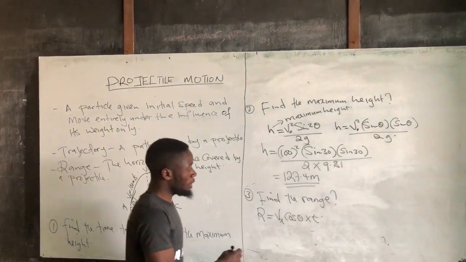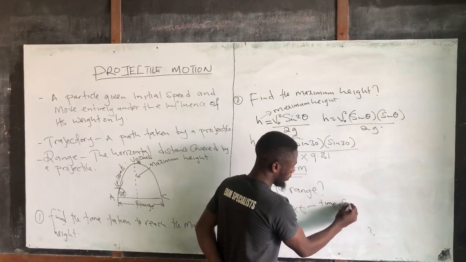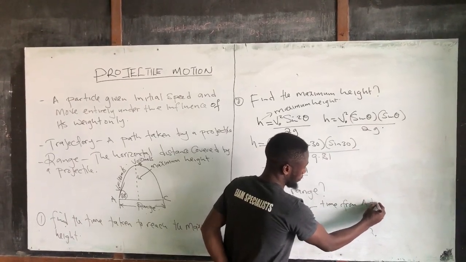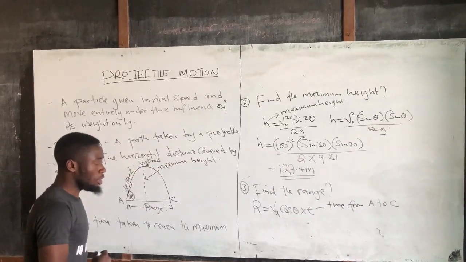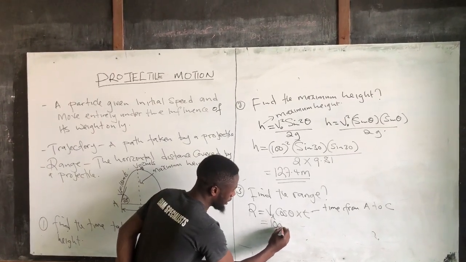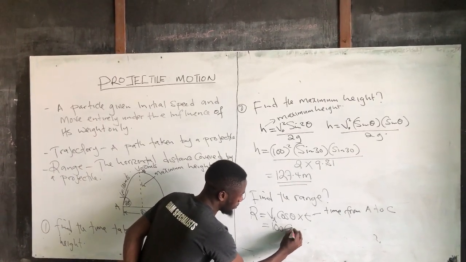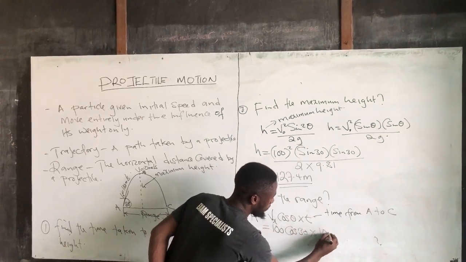So here check the time from A to C. Use the time from A to C. So in this case, let's find the range. What is V? V is 100. What is cos of the angle theta, multiplied by what is the time? 10.2.